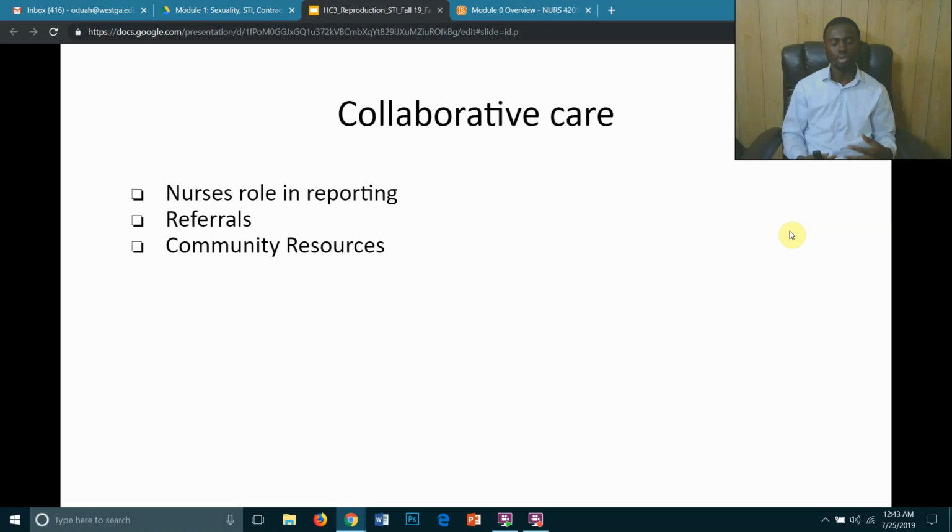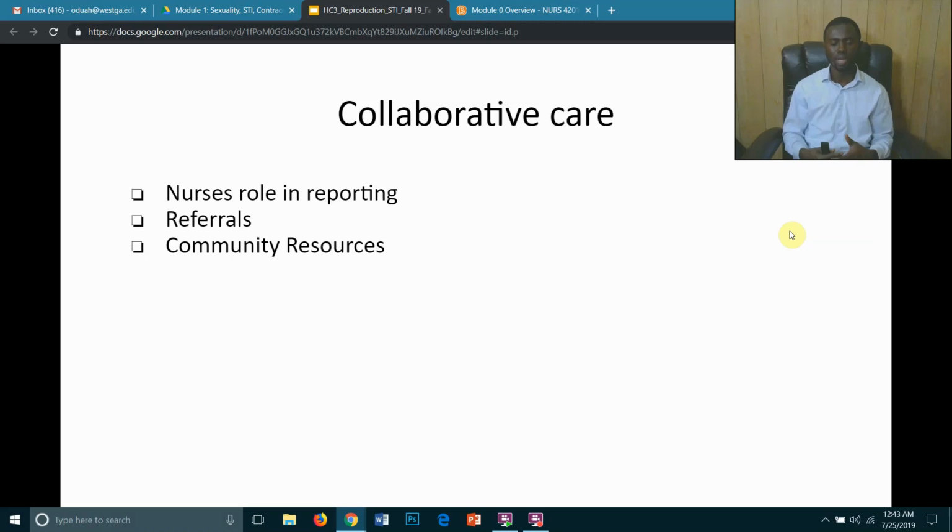You also have to work with the patients on referrals. So if they receive treatment, you're supposed to refer them to counseling, and also to reproductive health classes, to health coaches, to help them avoid transmission and reinfection.